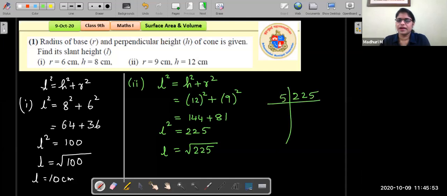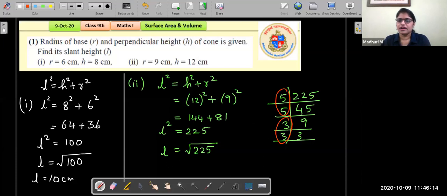So just to do prime factorization, that would give you 5 4s are 20, 5 5s are 25, and 5 9s are 45. If you bring it down, you get these factors, and we know that to get rid of the square root, we have to pair the common factors in groups of 2s, right?